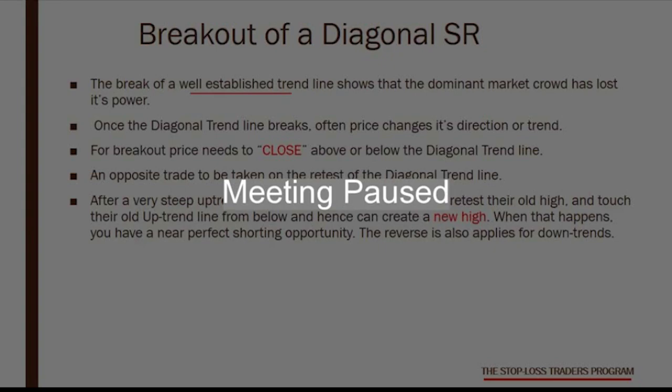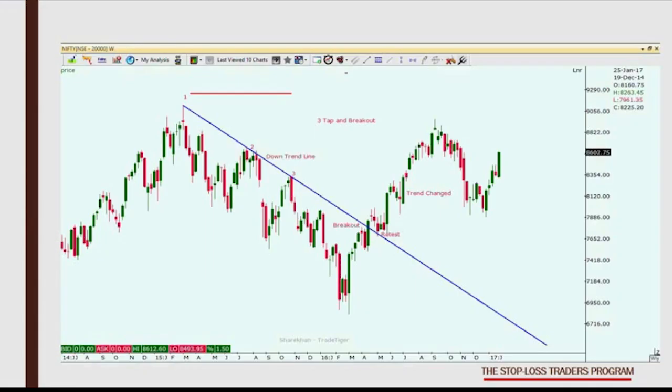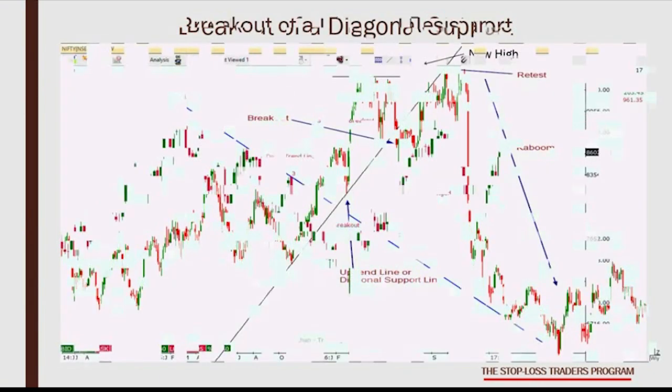That line will be called a diagonal trend line or diagonal support line, right? Similarly, here as well, you get a diagonal support line. Whenever price is hitting this area, it is giving some bounce. Whenever price is hitting this area, it is giving some fall, right? So this is called a diagonal support or resistance line.